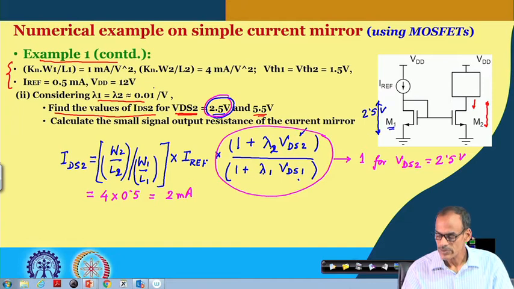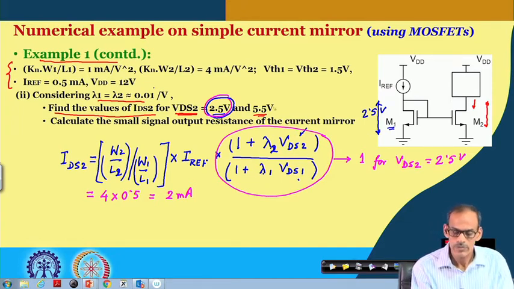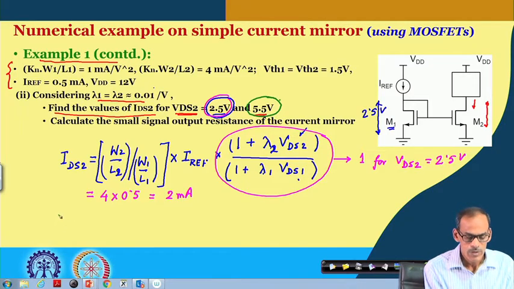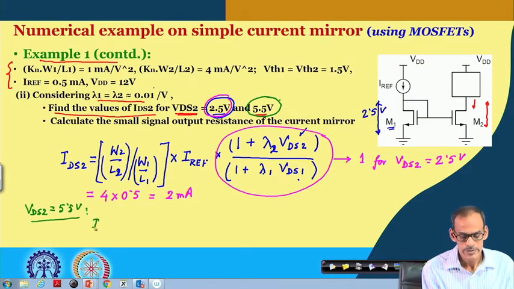And let us try to calculate the IDS 2 for the other value, namely VDS equal to 5.5. So, for that, if I say VDS 2 equals 5.5, for this IDS 2 it is equal to, so this part remains the same.